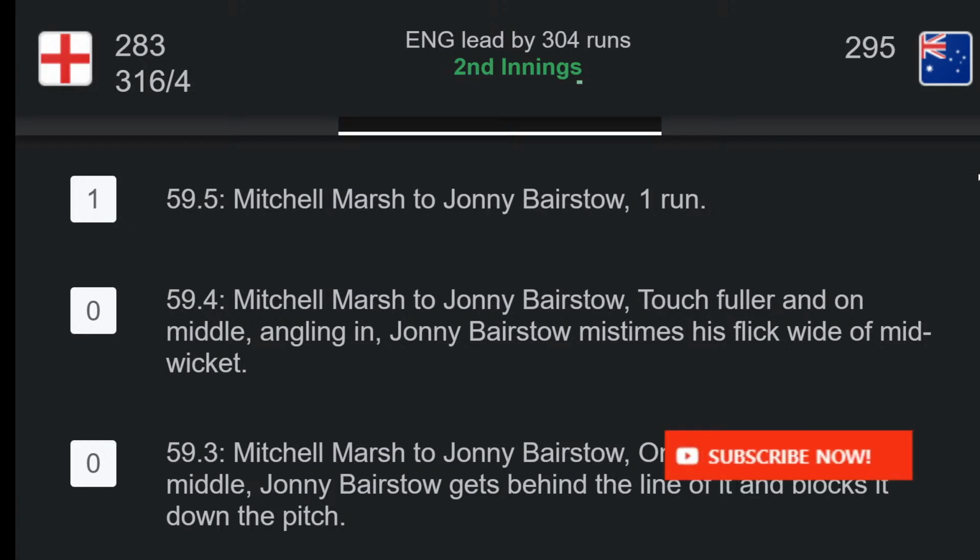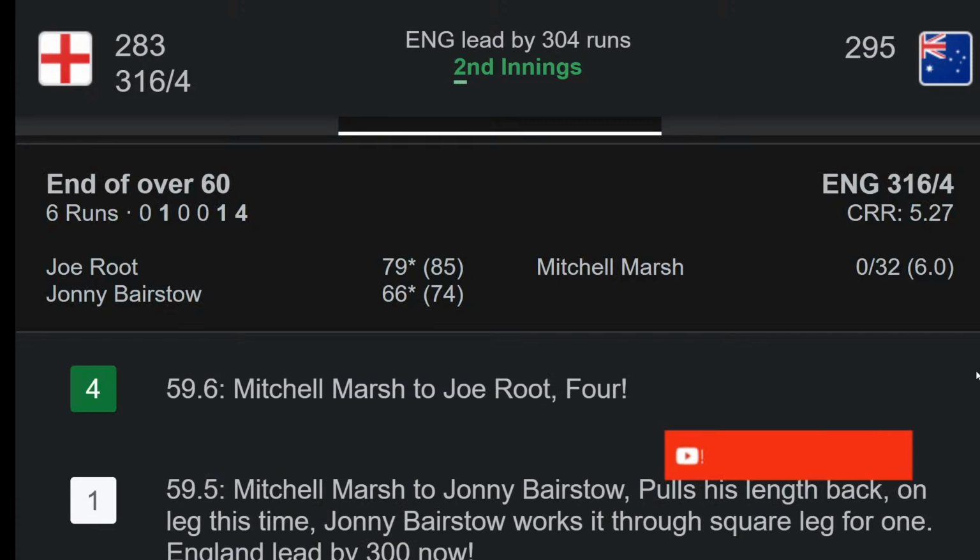So the 60th over of the match is ended, and the last ball is a 4 by Joe Root. So total moves to 316 for the loss of 4 wickets. Current run rate is 5.27. Mitchell Marsh 0 for 32 in 6 overs. Joe Root 79 off 85 and Jonny Bairstow 66 off 74.